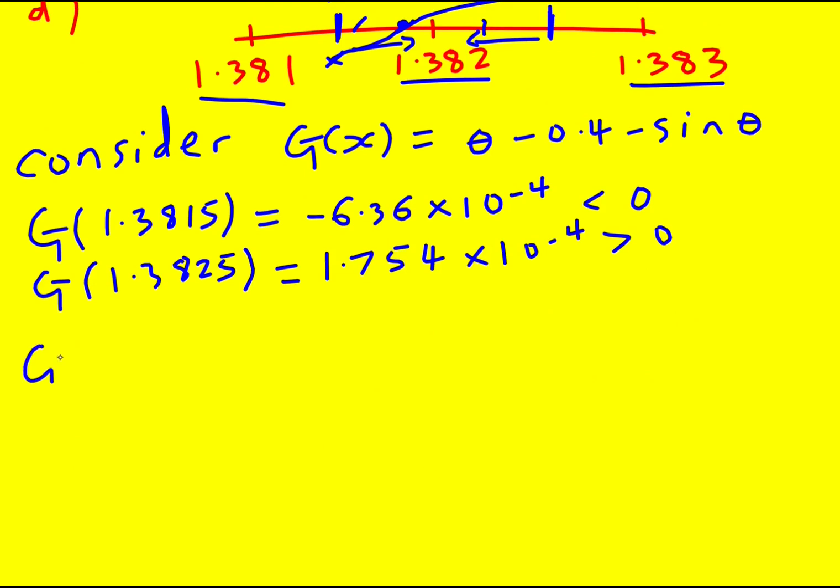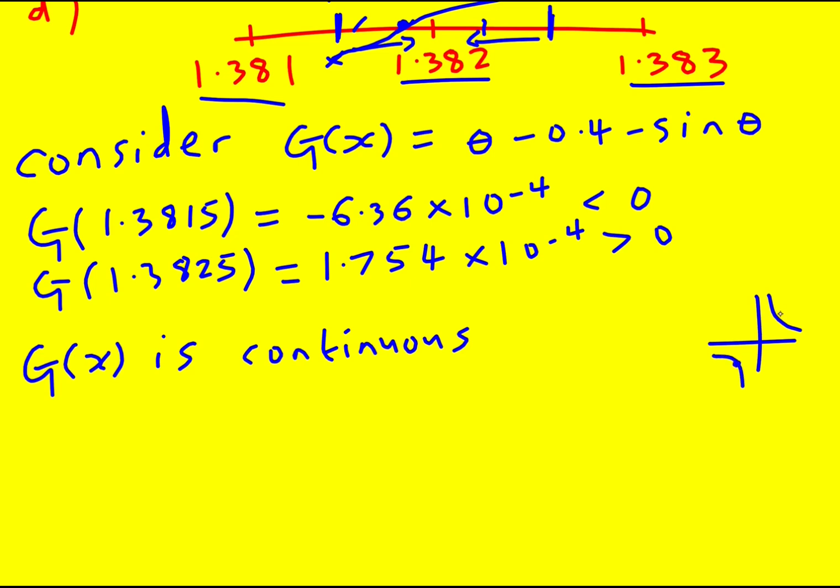I would say that g of x is continuous, because you can sometimes get a change of sign where it just jumps without there being a root. 1 over x is a good example. It jumps from negative to positive, but there's actually no root. But because g of x is continuous, and we know that because theta is continuous and so is sine theta, okay, actually it's continuous for all values of x, I'm just going to write it's continuous.